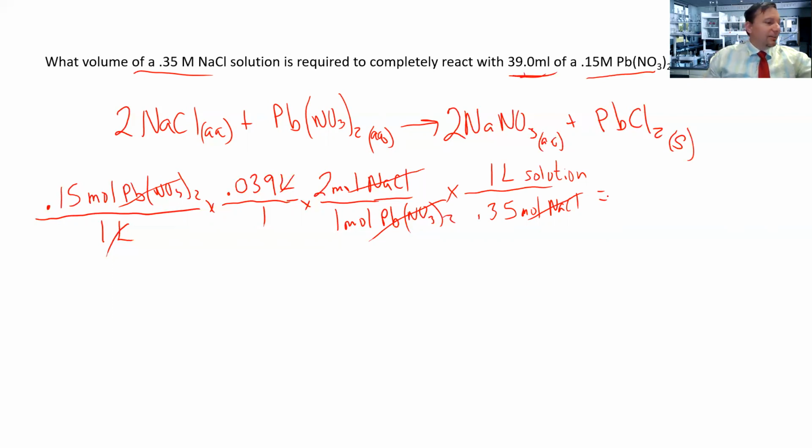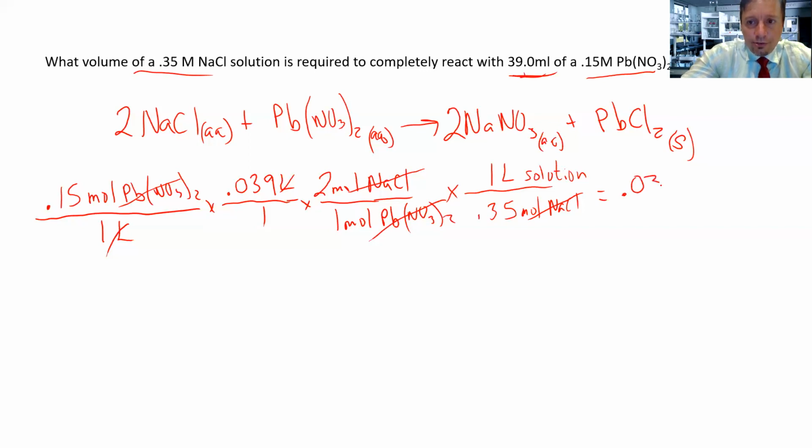So I need to get my calculator here. So now I'm going to plug this in. I'm going to go 0.15 times 0.039 times 2 divided by 0.35. So I should come up to, and I need how many sig figs? 2 sig figs. 0.033.